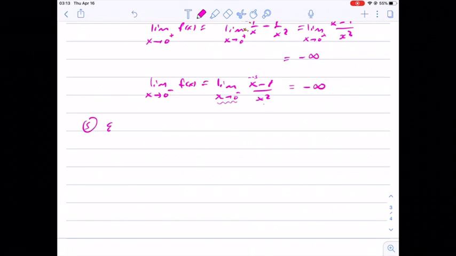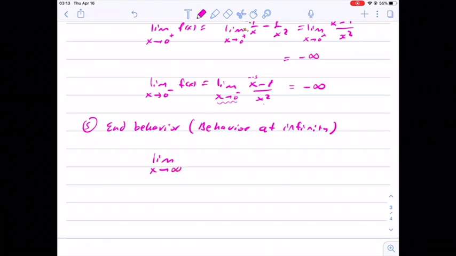Now the last thing to check is the end behavior. That's what we call behavior at infinity. In this case, we take limit as x goes to positive infinity and limit as x goes to negative infinity of the function f of x. But what is the function f of x?